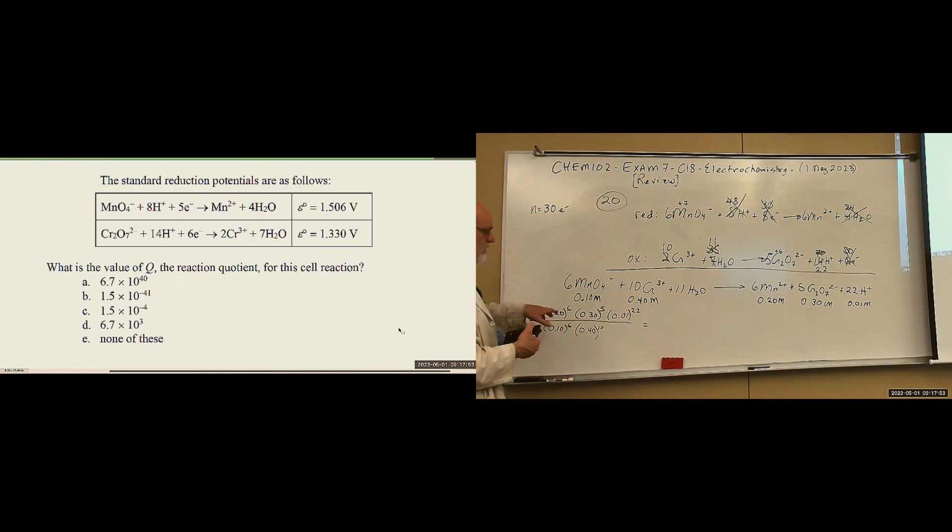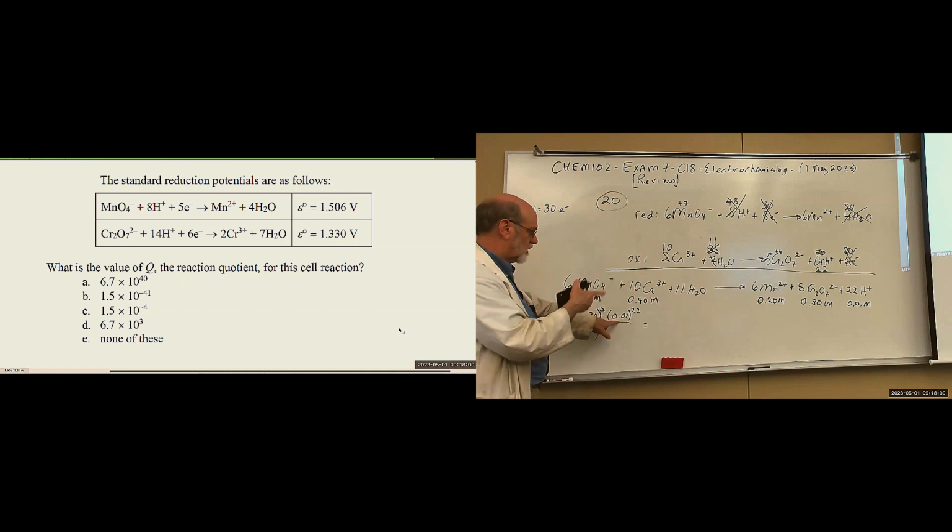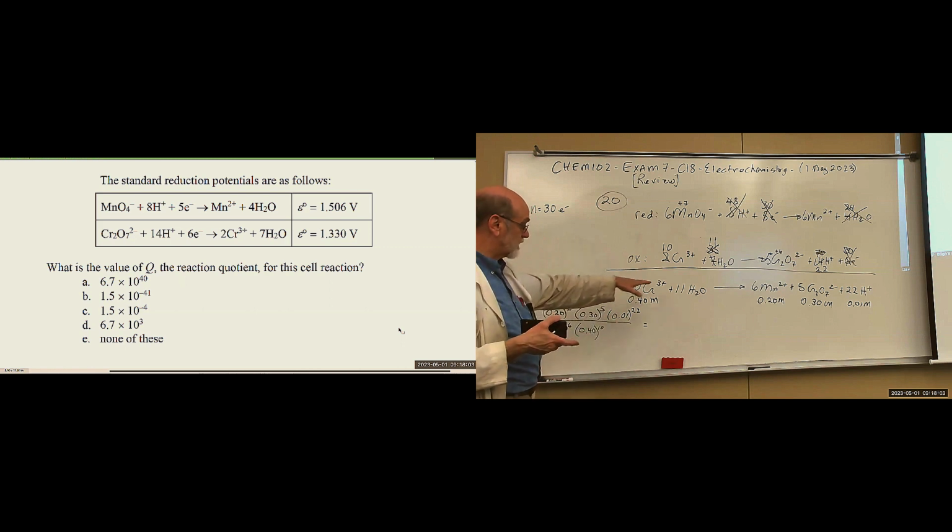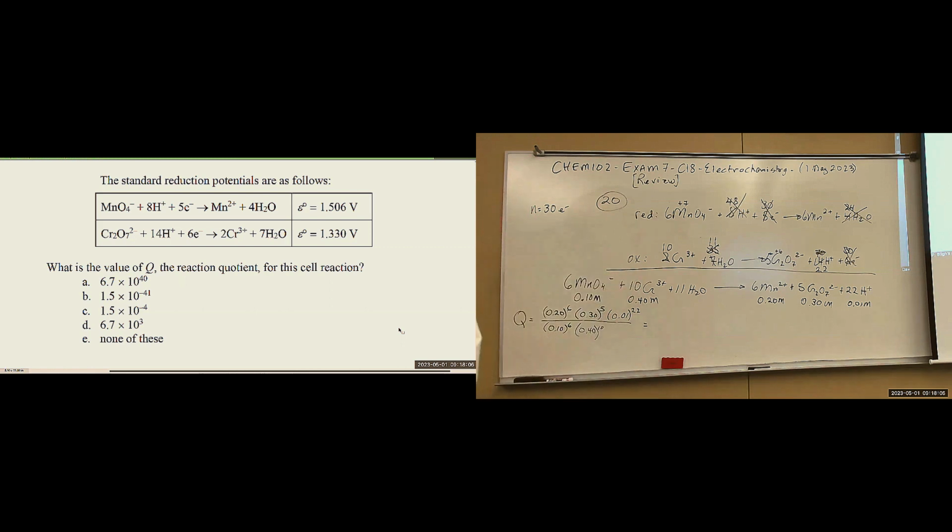First of all, did we put them in the right order? 0.2 to the 6th power. 0.3 to the 5th power. 0.01 to the 22nd. Is that right? Let's see. Yep. Okay, that's right.